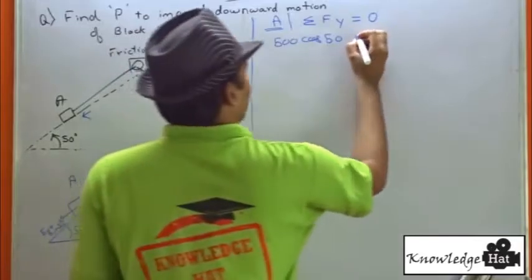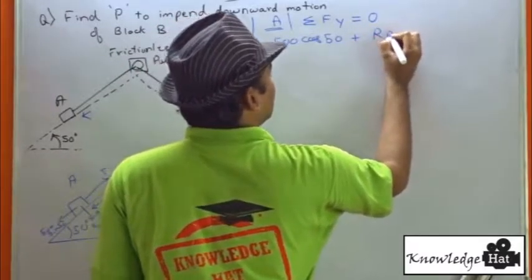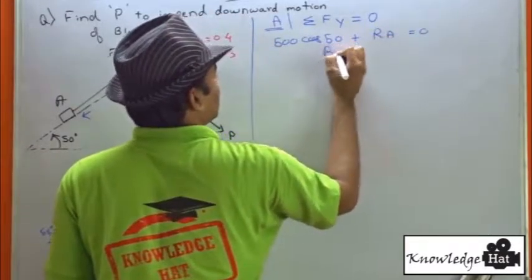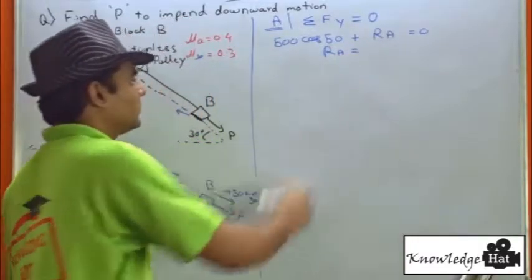So we have plus RA, and we equate this to 0. So this will help us to find RA.